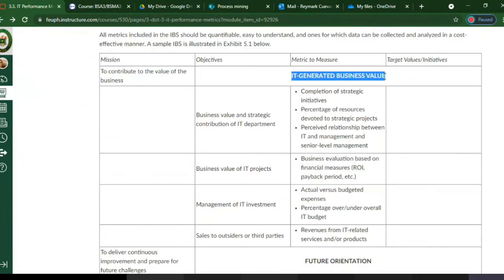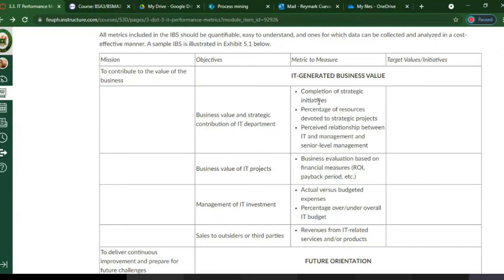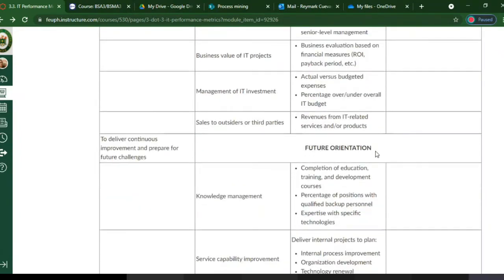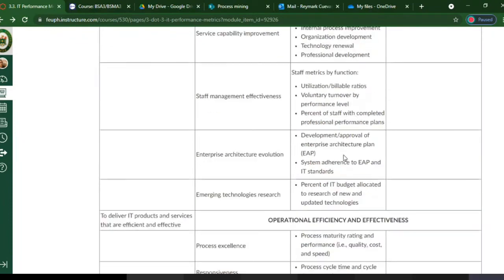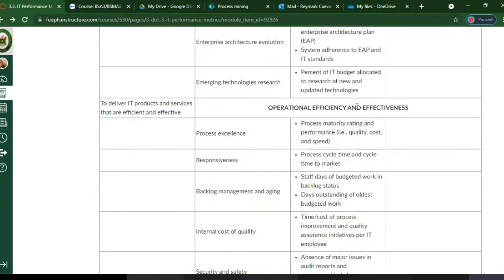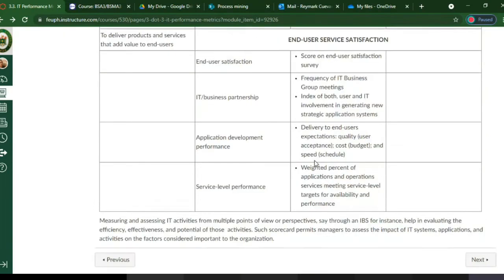So here we have the IT generated business values and the metrics. Future orientation, all the metrics, operational efficiency and effectiveness, and end user service satisfaction.